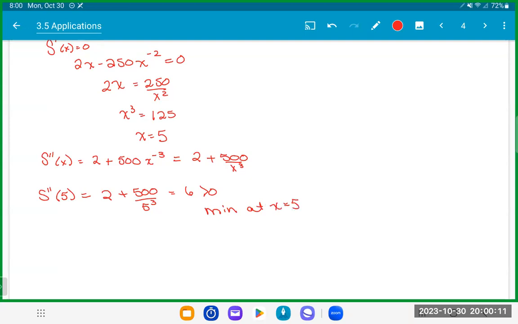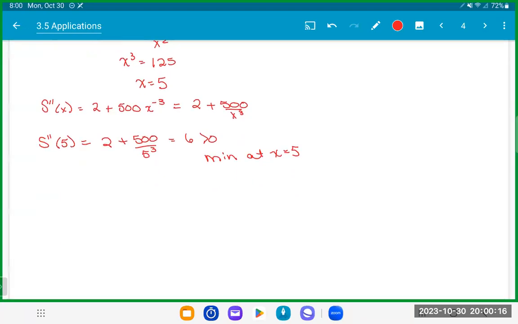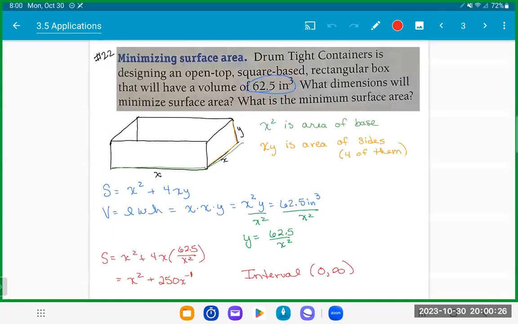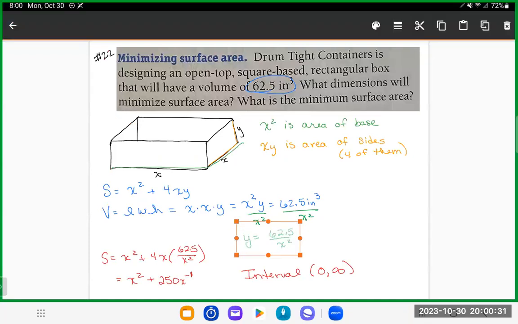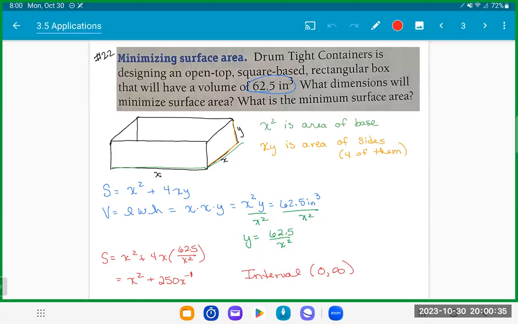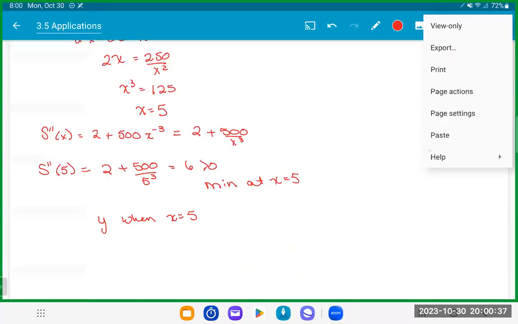Now we want to find our Y value when X is equal to 5. Let's go back to the previous page, copy our Y value function and paste it in here.